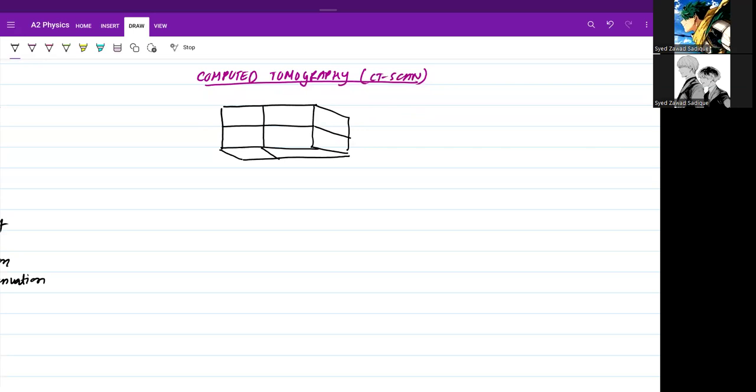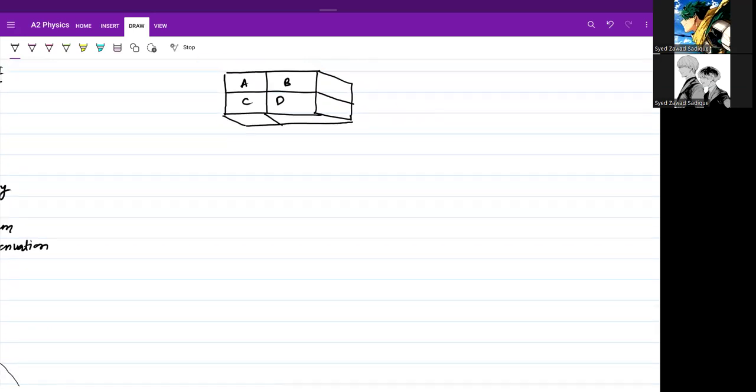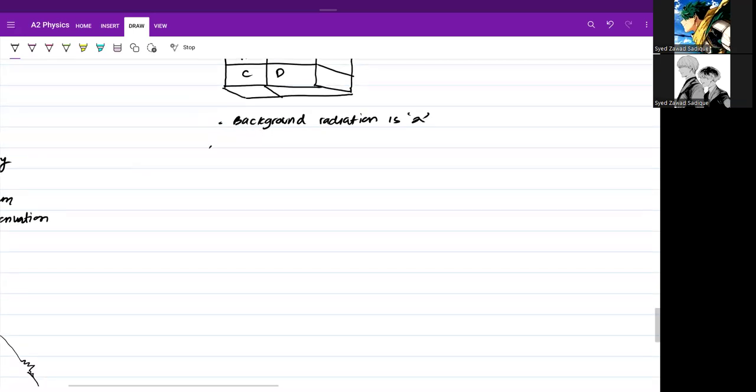You'll also be given values labeled A, B, C, D, where A, B, C, D will be numbers. You'll be given the information that background radiation is X, and you will be told to find the new value of the sections.